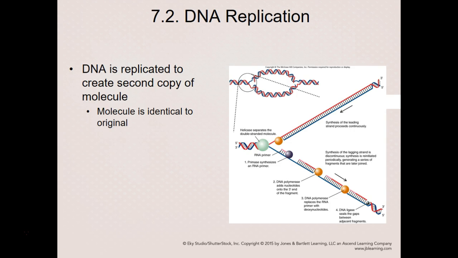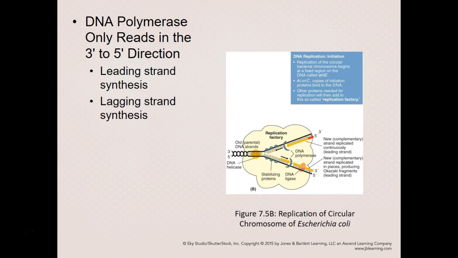And so we end up having replication occur on both strands of the DNA, and the end result will be two identical circular strands of DNA that are double-stranded and form a helix. So you see this leading and lagging strand.